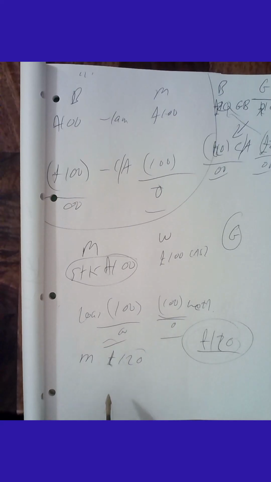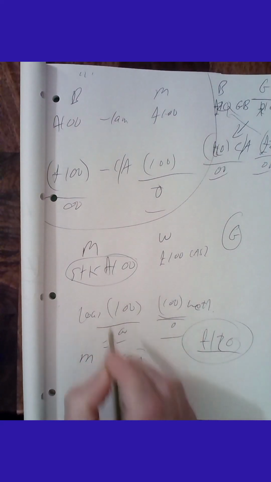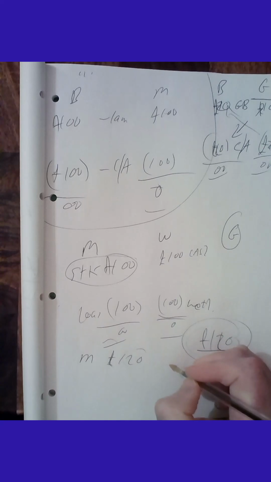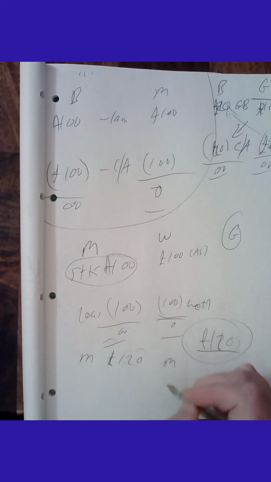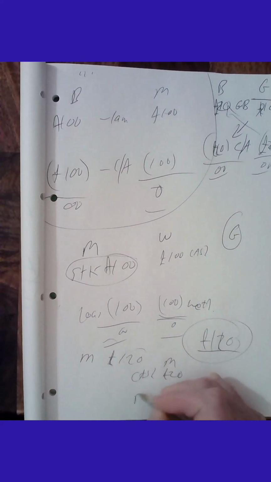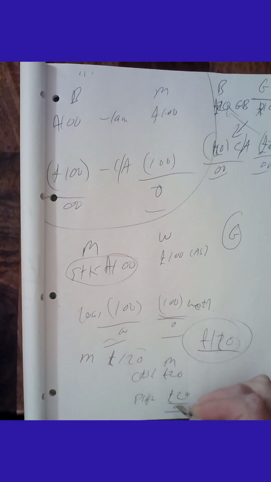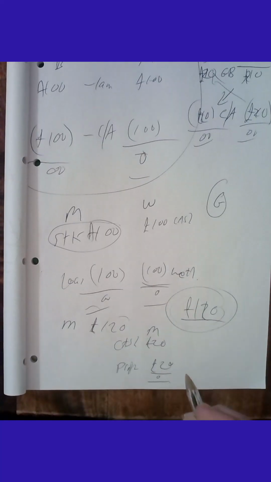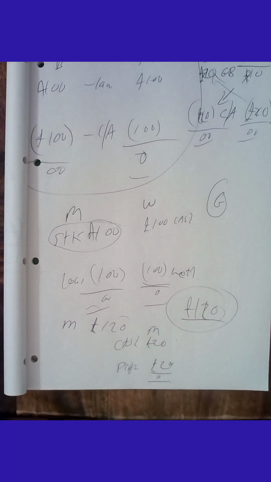He'll go to the bank, he'll be able to pay off his loan to the bank of £100, and the manufacturer's bank account at the end of the day will look like cash £20, profit £20, and for the first time so far these guys will be able to say, I've made a profit of £20 and it's turned up in cash this time.